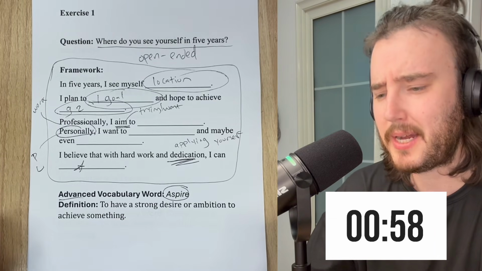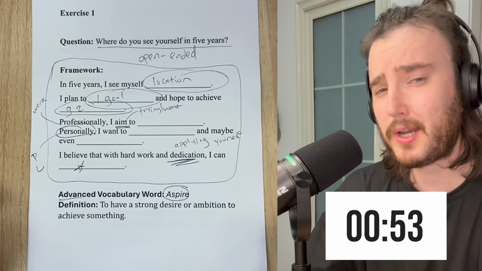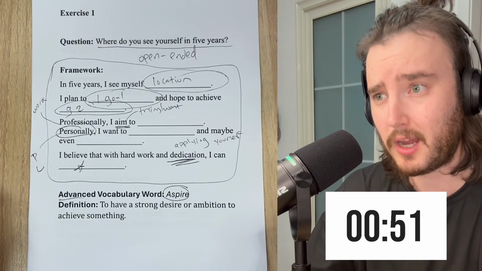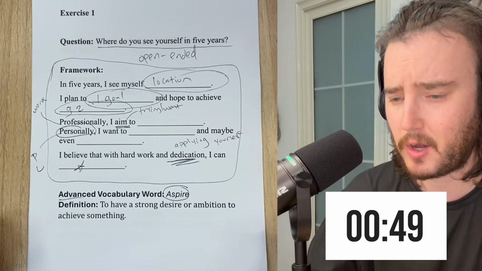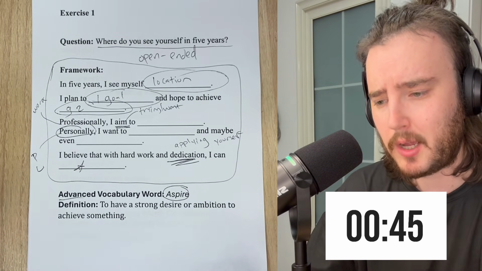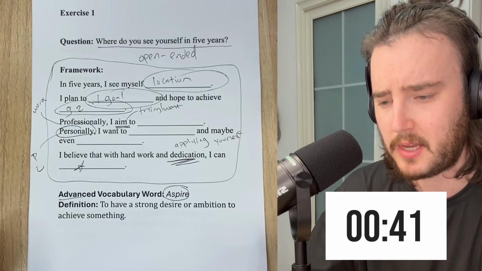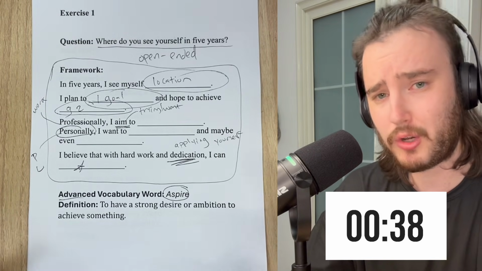Where do I see myself in 5 years? I turned 30 years old not so long ago. Just a couple of months ago, I turned 30. I have to admit, I have accomplished more than I thought I would by 30 years old. I learned Mandarin Chinese.